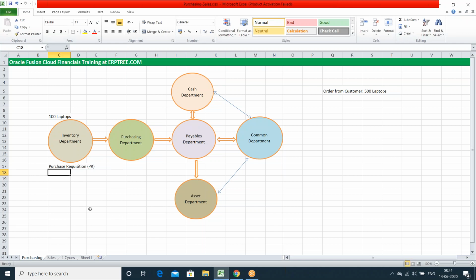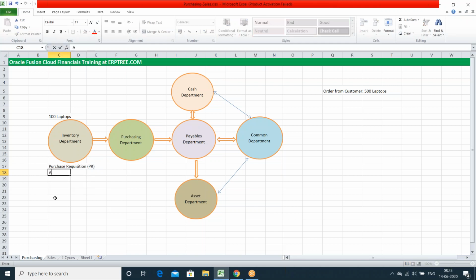Once the purchase requisition is raised by the inventory department, it has to be approved by the authority who is entitled to approve requisitions within the inventory department. Maybe the inventory manager, the warehouse manager, or the warehouse operational manager has to approve it, whoever is the right person to approve any requirement within the organization or any shortage within the warehouse.